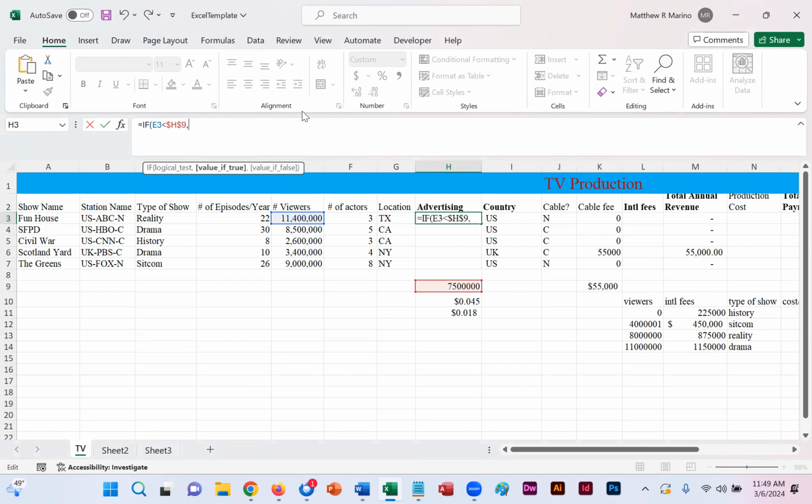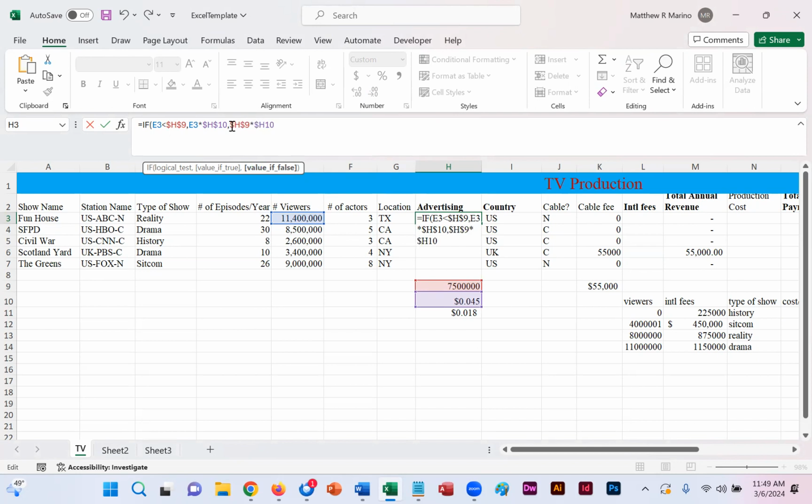If that's true, then we simply multiply the number of viewers times the little less than 5 cents. We make that an absolute. But if it's false, then we multiply the 7.5 million times our little less than 5 cents.